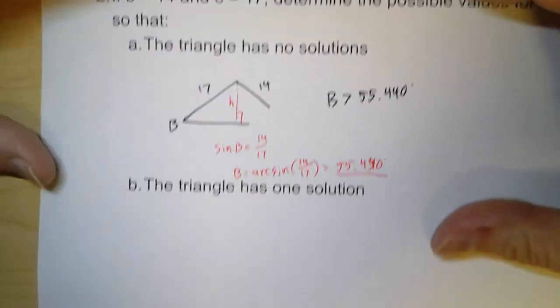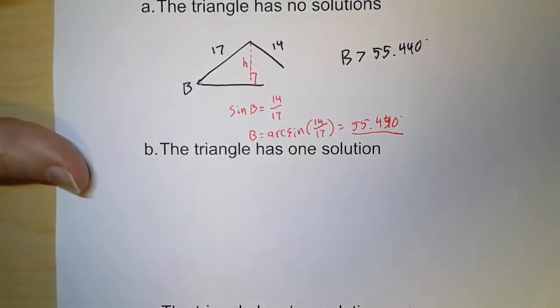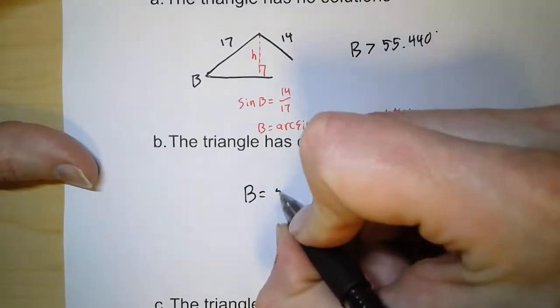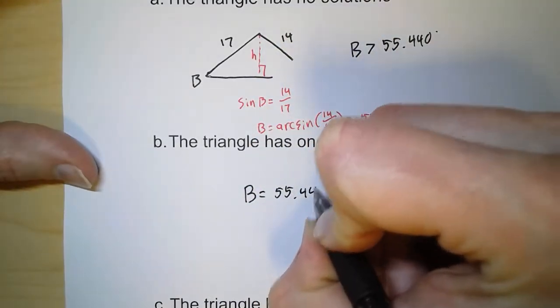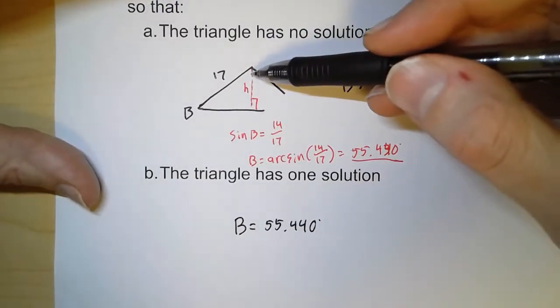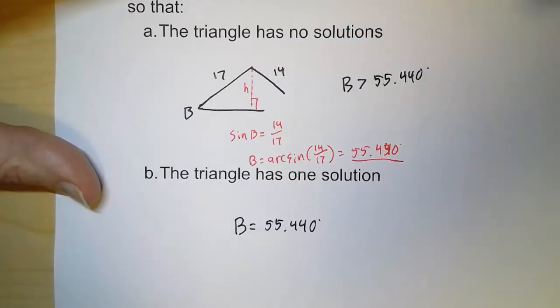So what about if it has one solution? Well, the only way we can say it has one solution is if B exactly equals 55.44 degrees. Because if that's true, then that means 14 is just long enough to reach down and make a right angle with that.